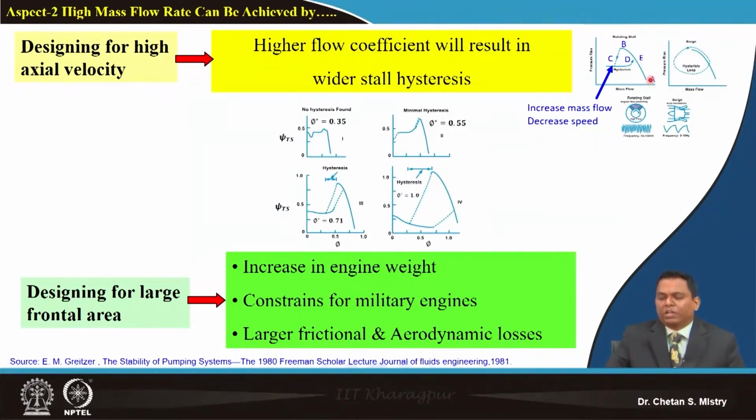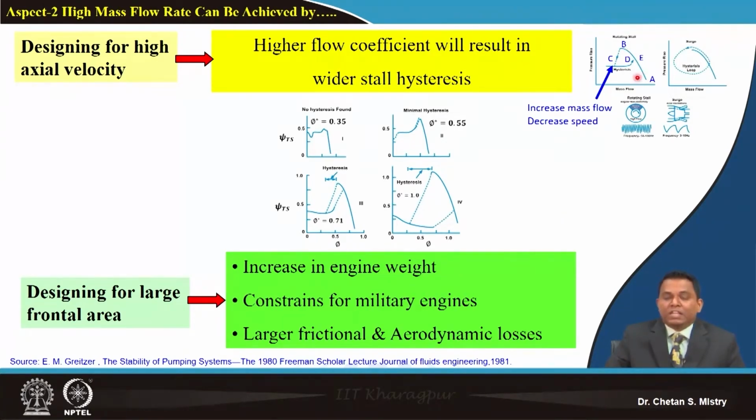If you look here, this is a performance map, where this axis is my mass flow rate and this is my pressurizing capacity. Somewhere near point A, or point E, we can say is a design point for us.